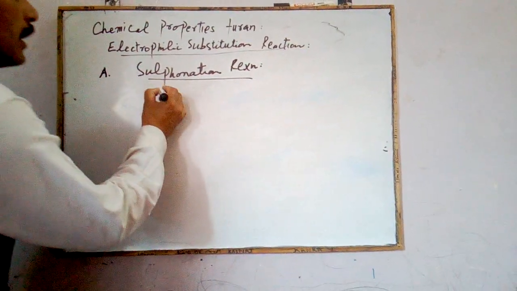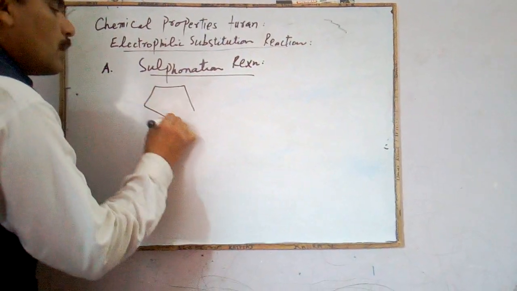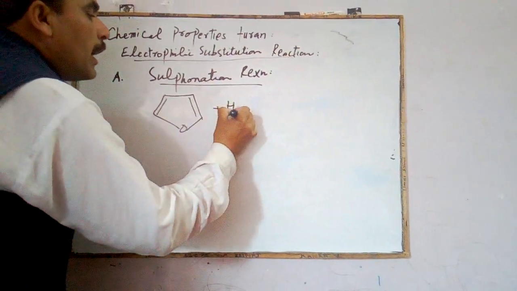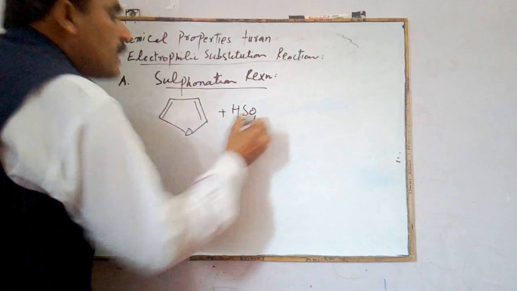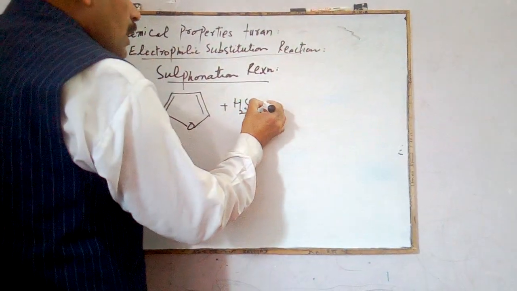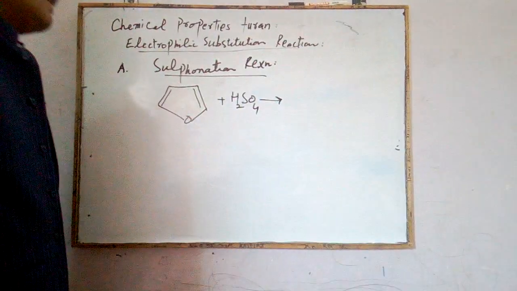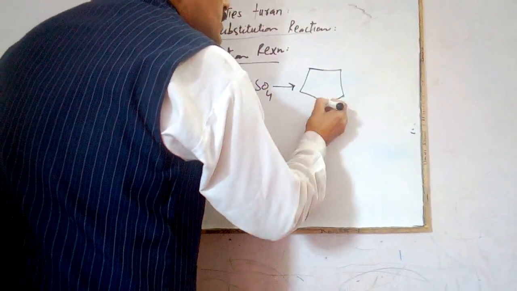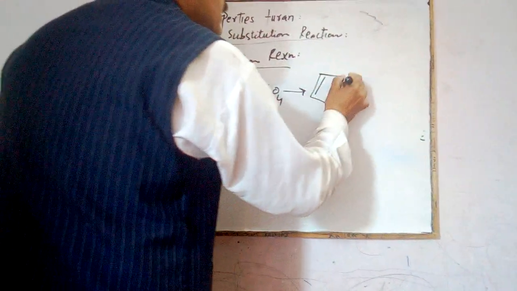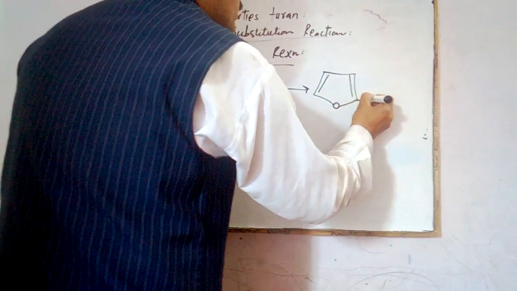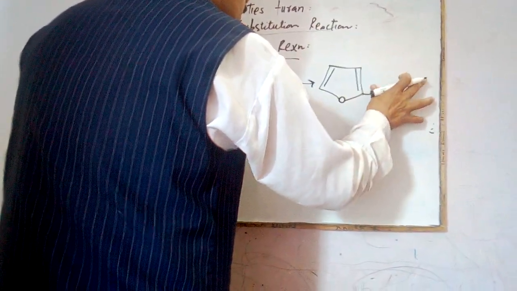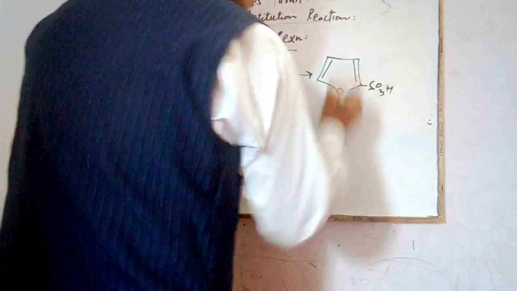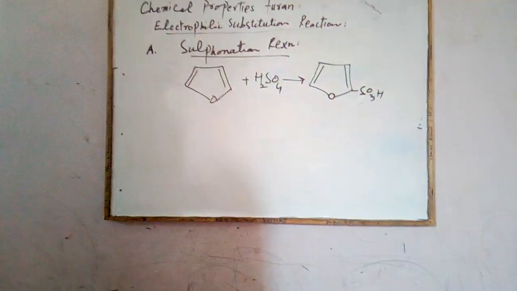Here you can see this is furan, and after adding sulfuric acid into the ring, it becomes possible to attach SO3H.